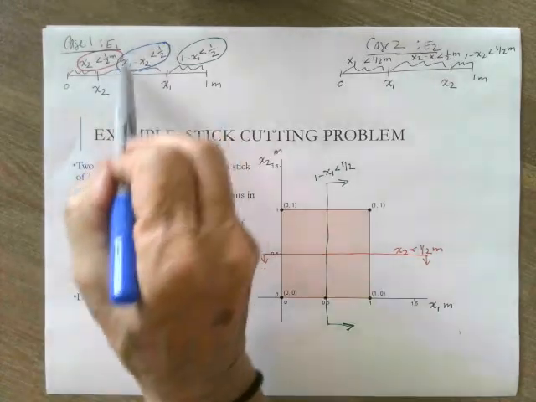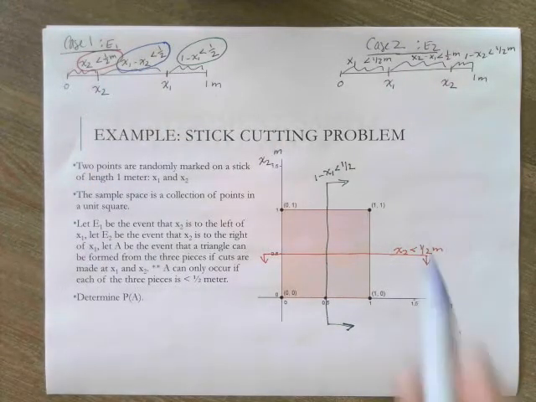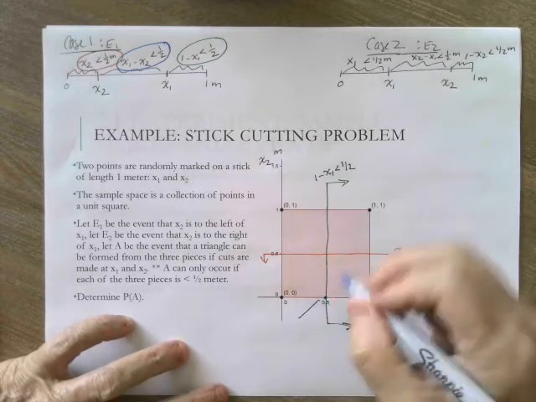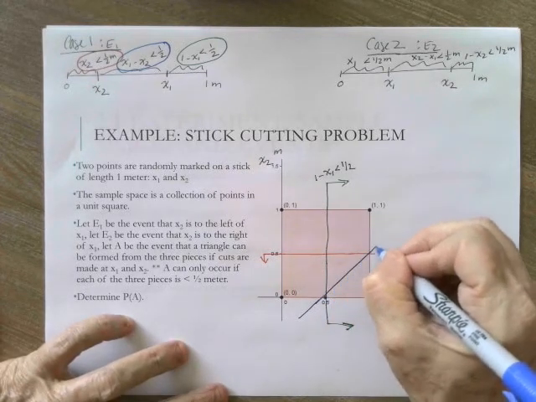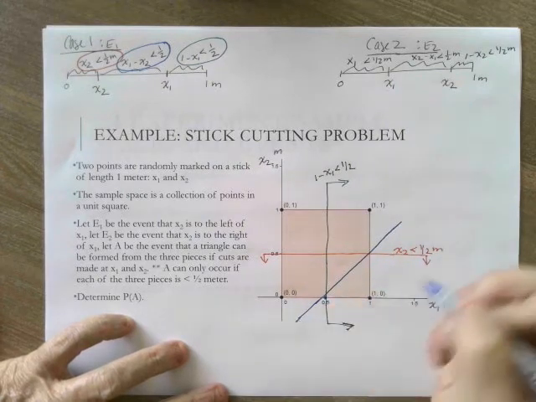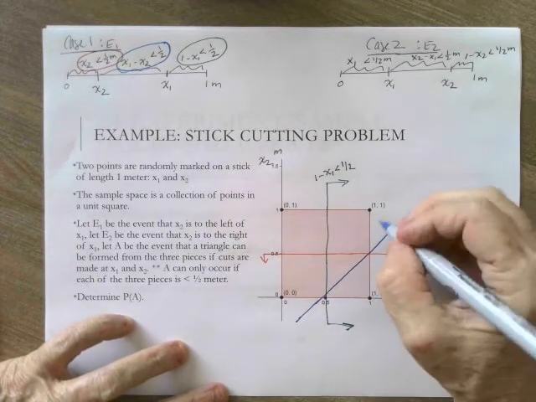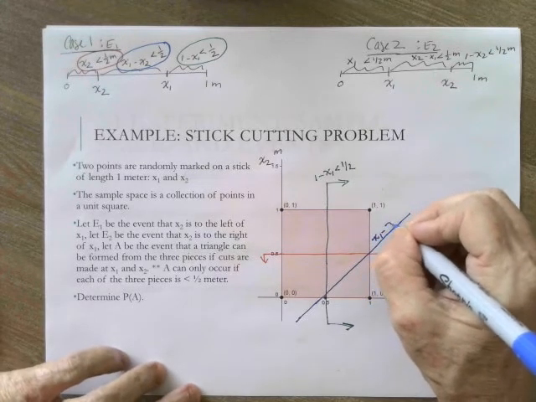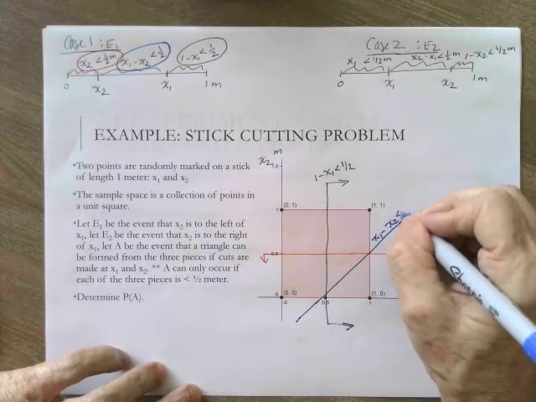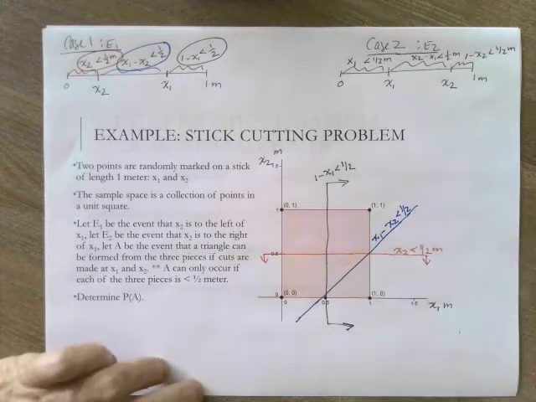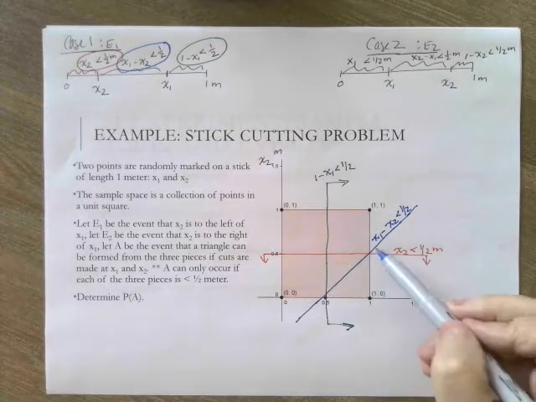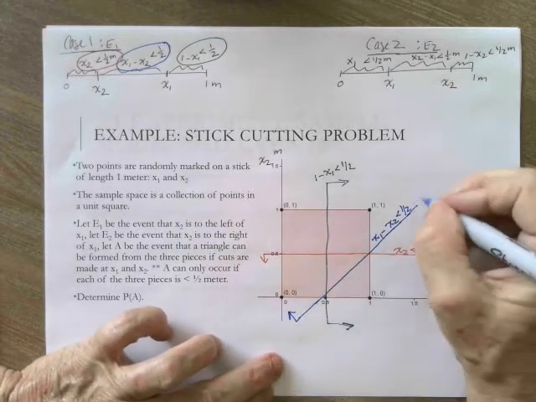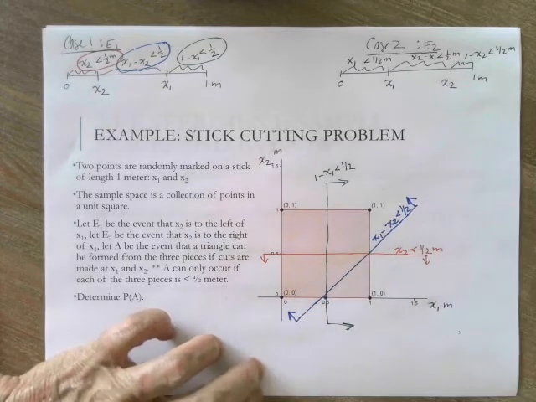So I can plot this as a line as well, and it is going to look something like this. The question is, which way will the arrows go? This is the equality form of x1 minus x2 less than a half, and if you just plugged in 0, 0, you would see that the arrows for this region have to go this way.